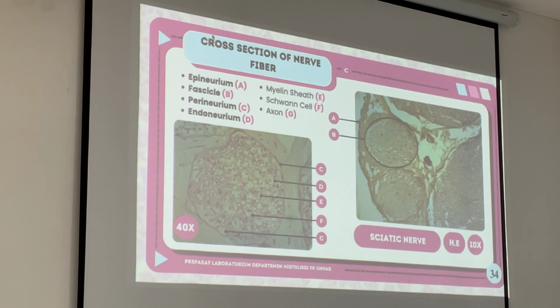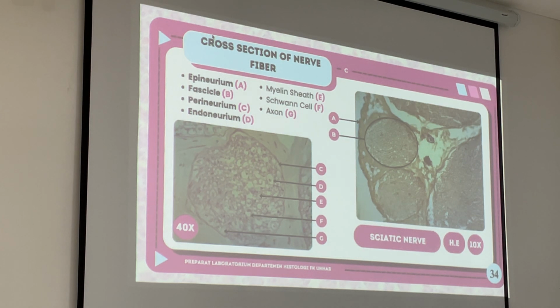In the case of the cross section of the nerve fiber, like Dr. Kuti said, you have to distinguish the endoneurium. If we surround the cells, this is one cell, and these cells will be surrounded by endoneurium.